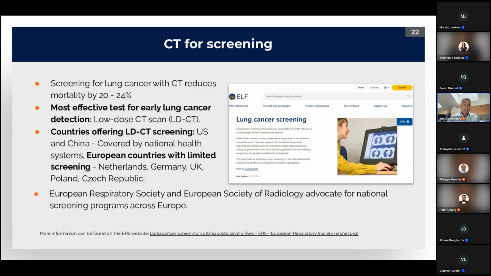And regarding the screening that is currently performed, in the US and China, they offer screening for lung cancer covered by the national health systems, but also in Europe, countries like the Netherlands, Germany, the UK, Poland, and the Czech Republic offer screening in some locations. At this moment, the European Respiratory Society and the European Society of Radiology are both collaborating and calling for action to implement national screening programs across Europe. Next.